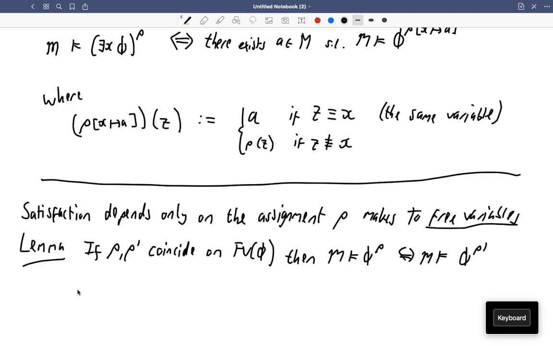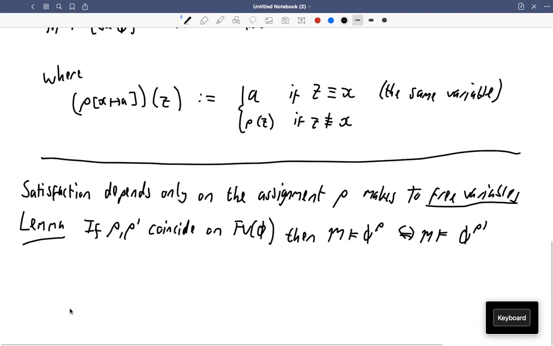Another lemma is called the substitution lemma, which again is technical. I'll just write this down and then we'll have finished with such technical things.